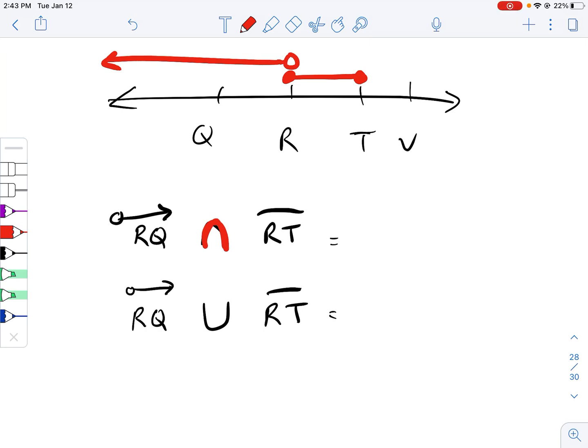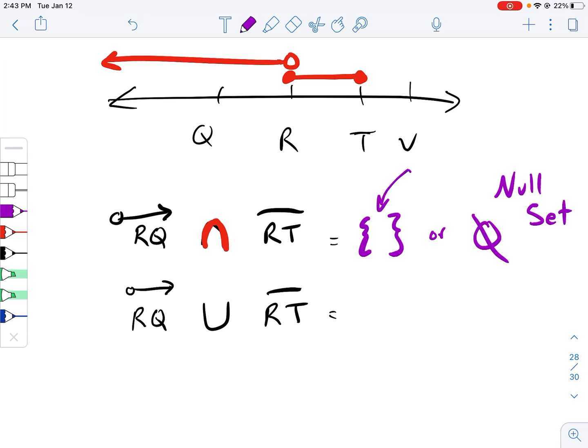Well, if I'm doing my vertical line test, there's no place that I could draw through both of those sets. I want to do R, but the half line doesn't contain R, so there is nothing that these sets have in common. There is no overlap, so I could also call this the null set. That is also the empty set.